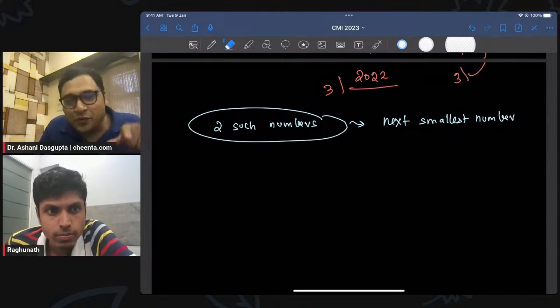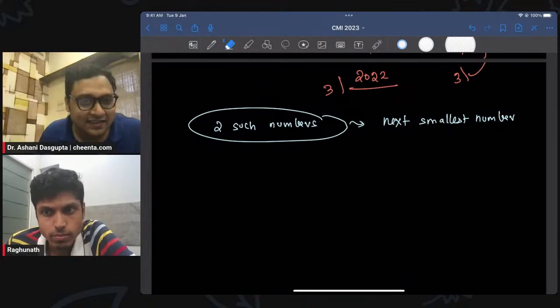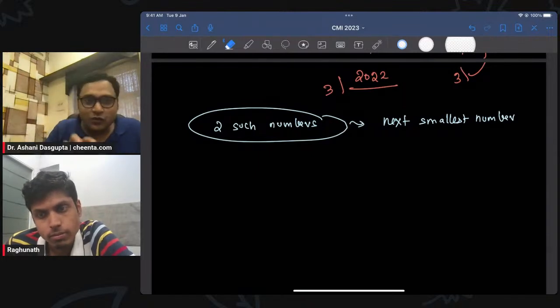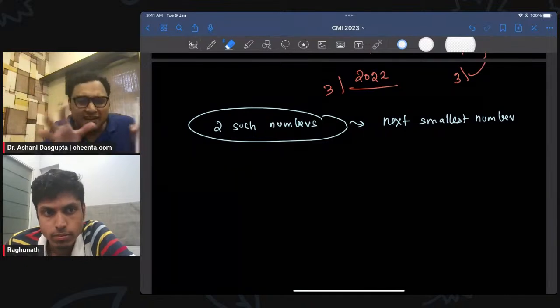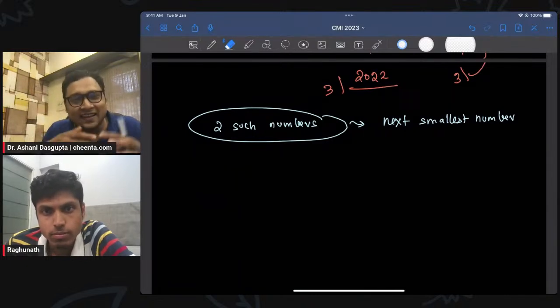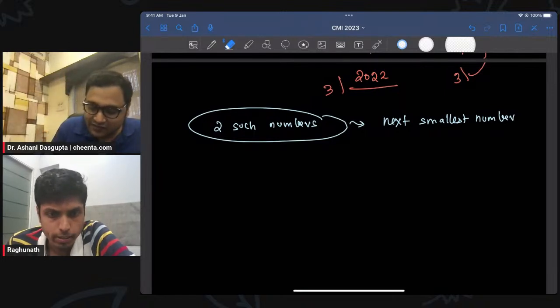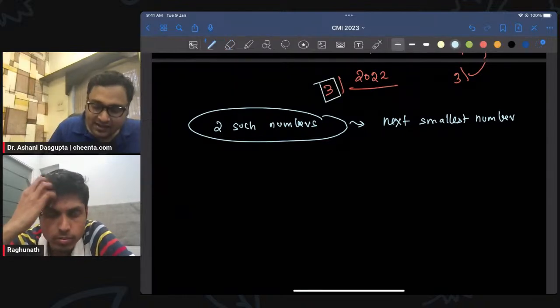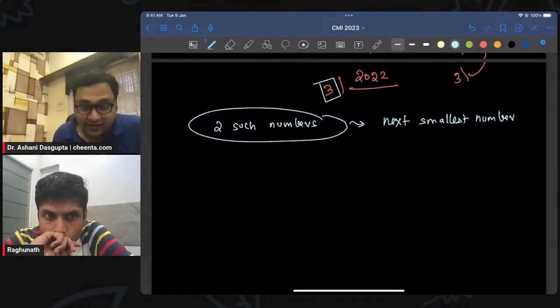I would rather prove that there are infinitely many such numbers that work. Again, we have two solutions. I'll give you one and Raghunath sir will give you one. And both of these solutions are a little bit different, but they give you two different ways of looking at the thing. Okay. So the first solution is 3, that works. The next smallest number that works, we will hear it from Raghunath sir.